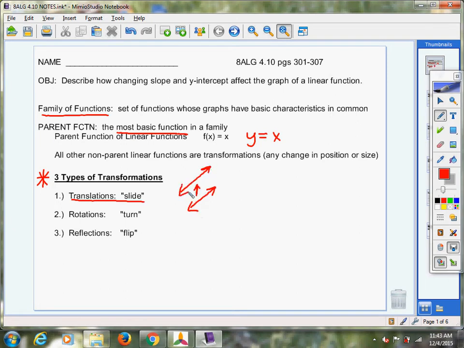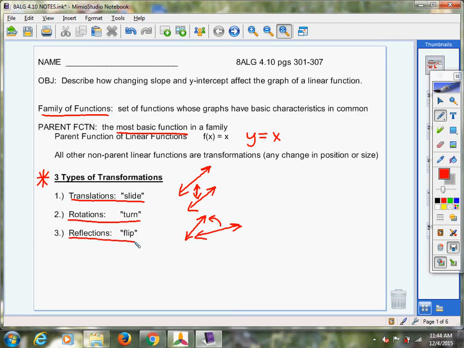It'll be at the same angle, but it moves up, or it could move down, either direction. A rotation is where it's starting to turn. If you've got a line that's going out this way, a rotation would be maybe it's getting a little steeper, turning either direction, clockwise or counterclockwise.